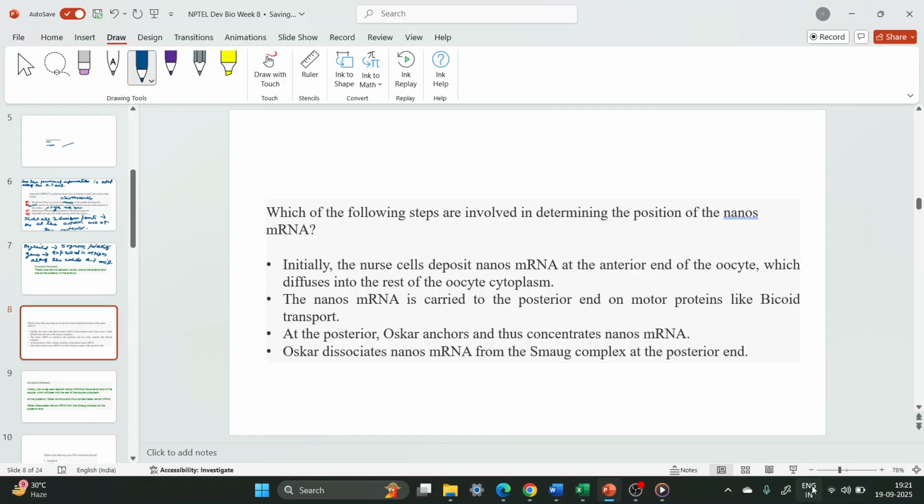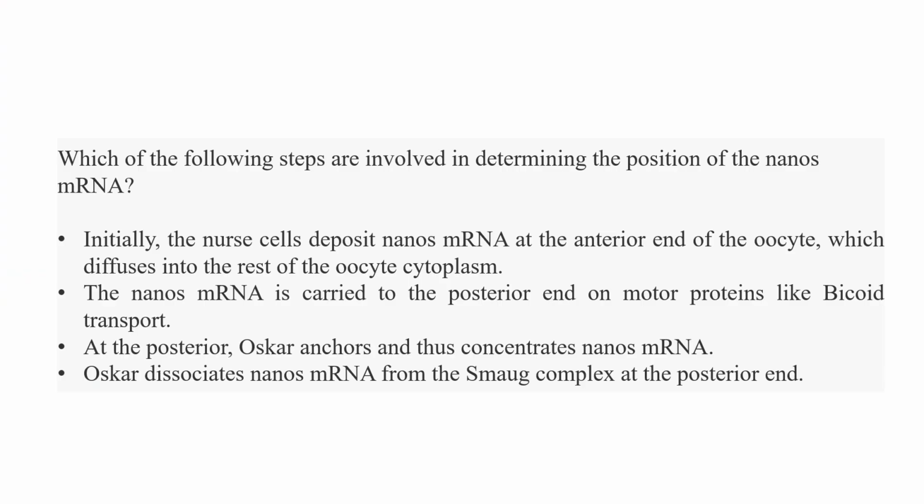Okay, next question is, which of the following steps are involved in determining the position of the nanos mRNA? Let me label the options A, B, C, and D. A: Initially, the nurse cells deposit nanos mRNA at the anterior end of the oocyte, which diffuses into the rest of the oocyte cytoplasm.